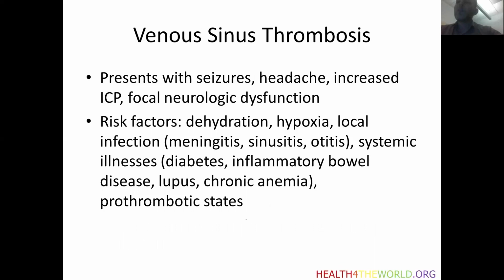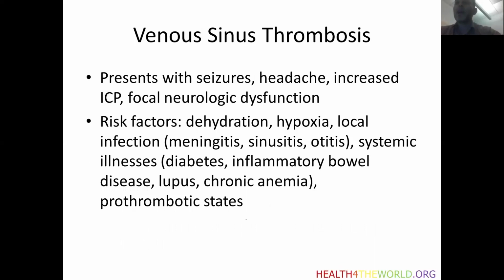As I mentioned in passing, venous sinus thrombosis is a cause of hemorrhage that should be thought about in children, especially in the neonatal period, but also in older children. It typically presents with seizures, headache, sometimes with symptoms of increased intracranial pressure and focal neurologic dysfunction. And often on physical exam, papilledema is present.